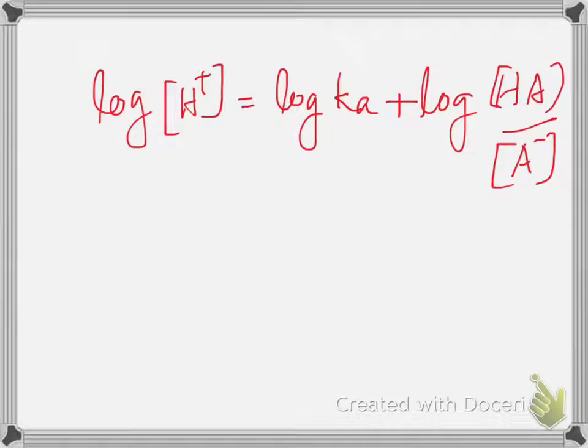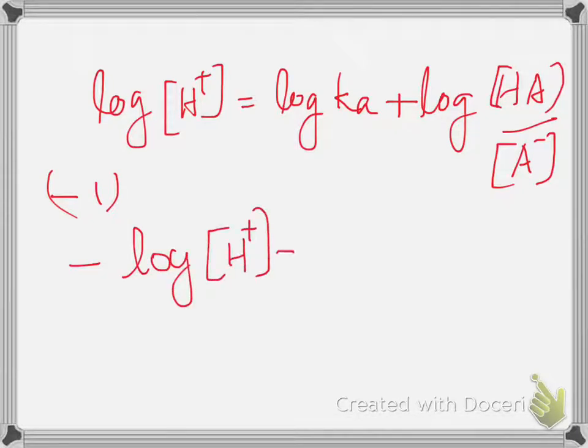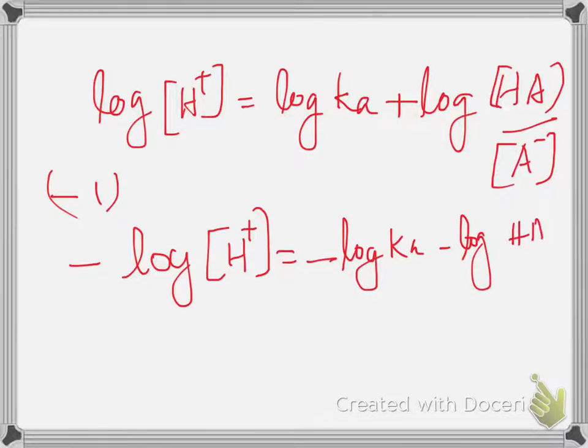Now to make the expression negative, multiply this equation by minus 1. So we get minus log H plus equals minus log Ka minus log HA by A minus.